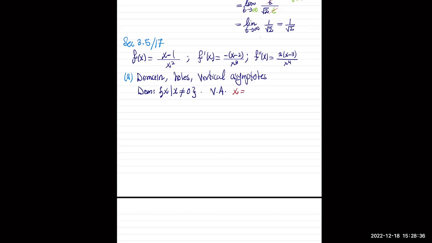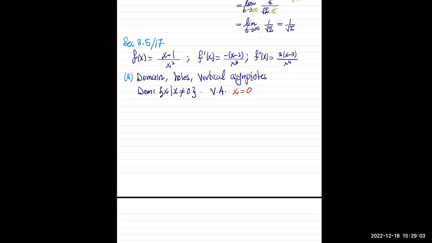It's an infinite discontinuity because as x goes to 0, the denominator gets small. So you divide by something that is getting small, the whole thing goes big. Getting big, meaning that there is a vertical asymptote.